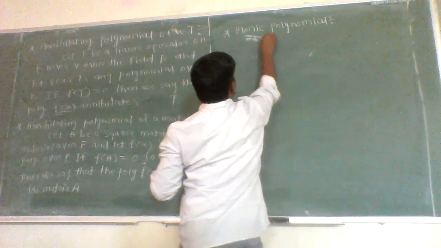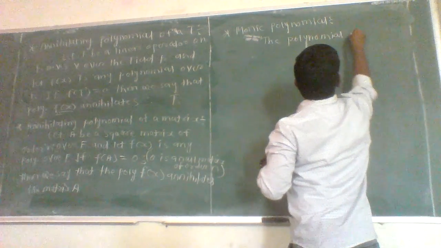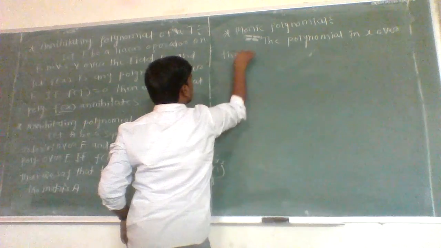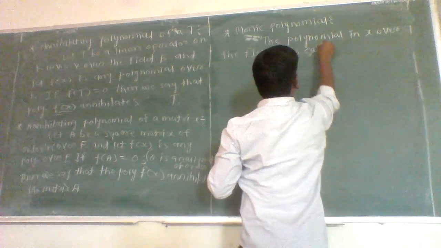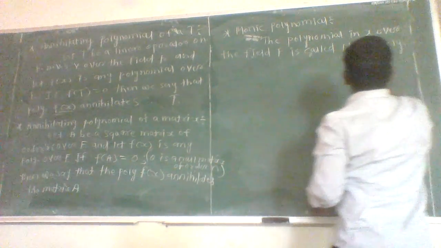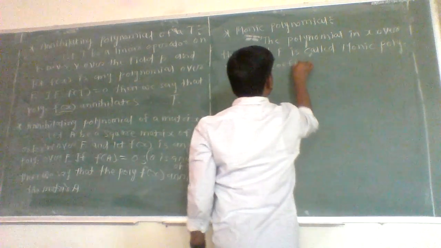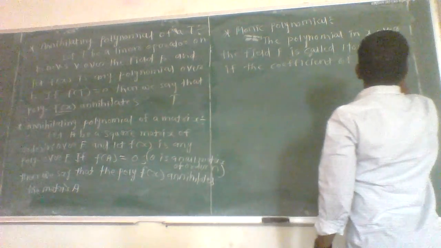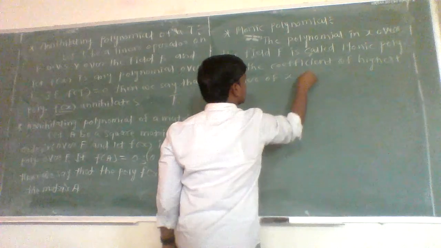Now, a polynomial in x over the field F is called a monic polynomial if the coefficient of the highest power of x is 1.